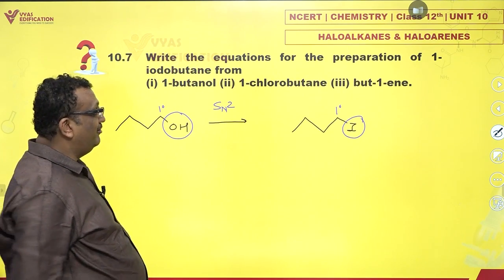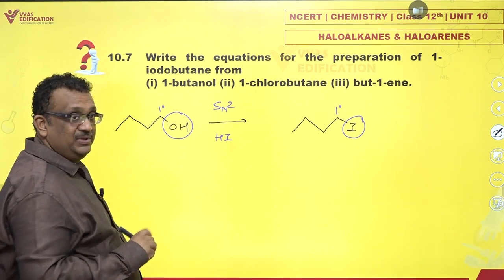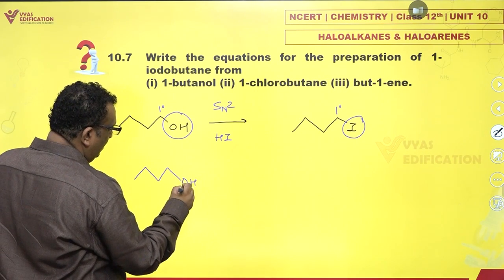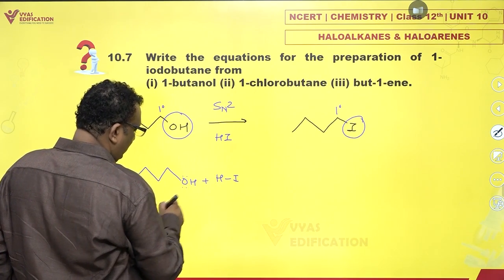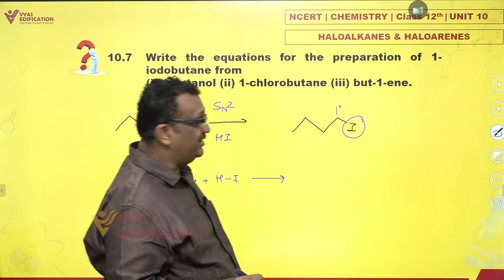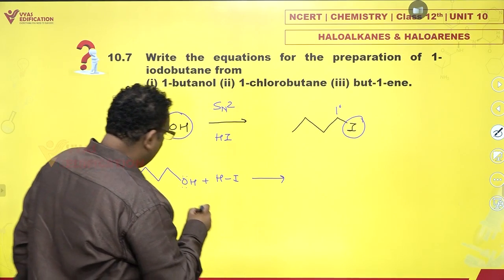One possibility could have been just use HI. What happens? There are two steps. You have alcohol plus HI. Please note, we should not have hot conditions, otherwise there would be a problem. Cold is good enough.